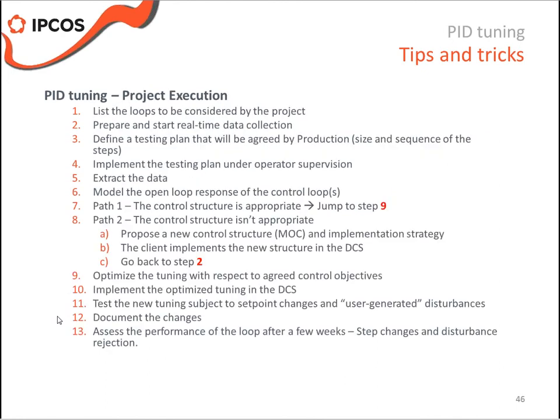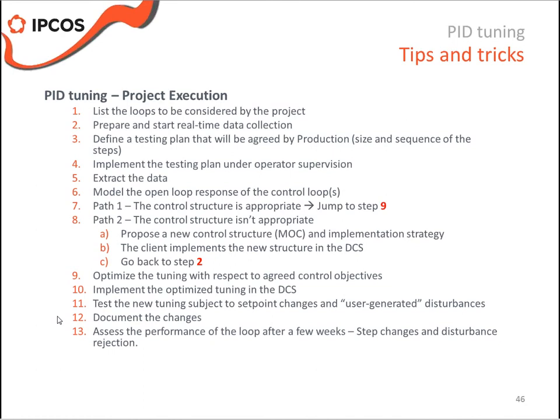Now, a typical PID tuning project, this is sort of like a checklist of things that you need to do. Make a list of the loops that you want to tune. Quite often that list is not exhaustive. Sometimes you need to start at the front of the plant and work your way through towards the back end of the plant.